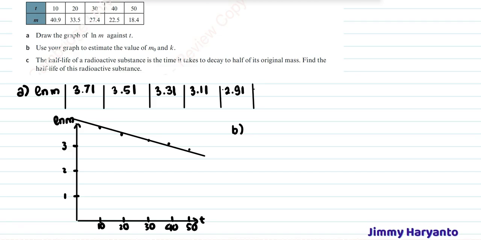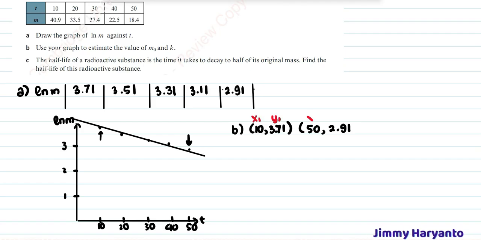For this one I will choose the first and the last one, so we have 10, 3.71 and also 50, 2.91. So these are x1, y1, x2 and y2.